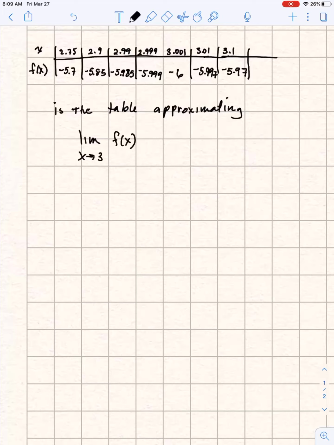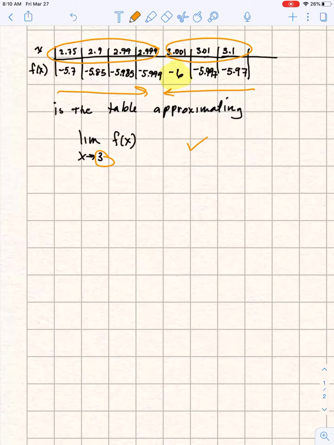And in this situation, it's a little confusing because you're thinking that maybe this number right here needs to be a decimal. But if it's not, you could see that in both directions, from the left side and the right side, it still is written the correct way, where you're getting very, very close to the number 3. So this is approximating the limit. Okay, so that was the table question.